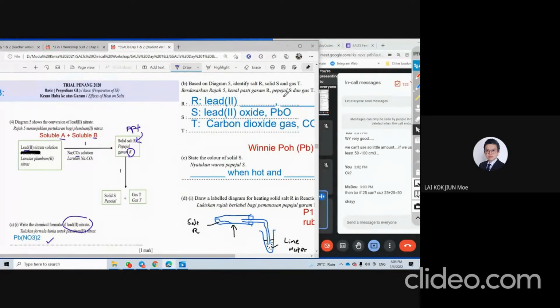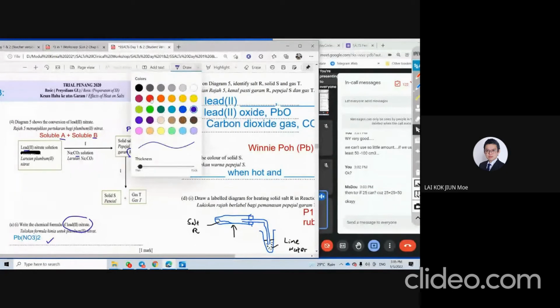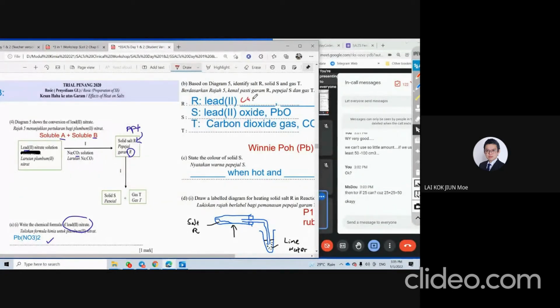You can give the formula, or words also can. So PbCO3. The carbon dioxide gas here, no problem. Score all the 3 marks here.